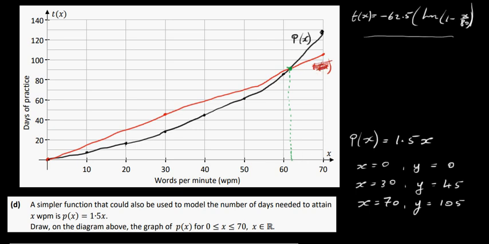This is actually going to be p of x here. This is the red line here, is actually p of x. So that's our straight line here. This here is actually our t of x. Okay, which is what we've just done here. So p of x is our straight line here.